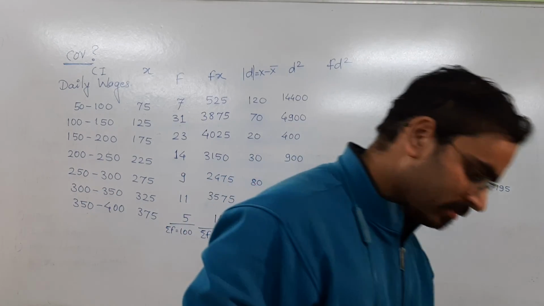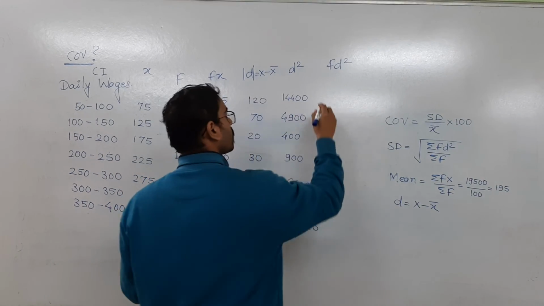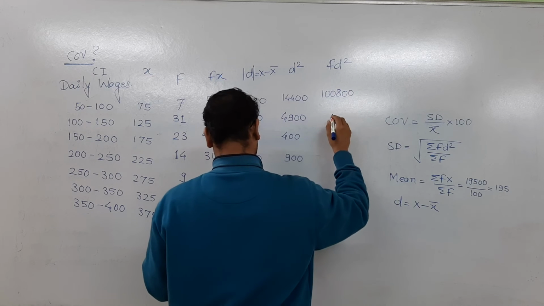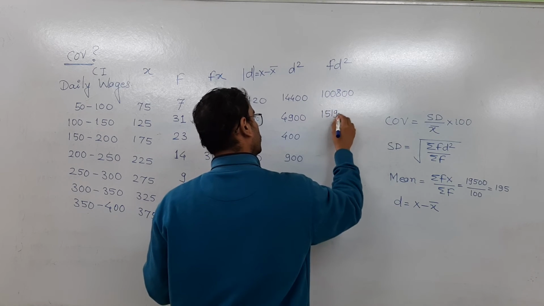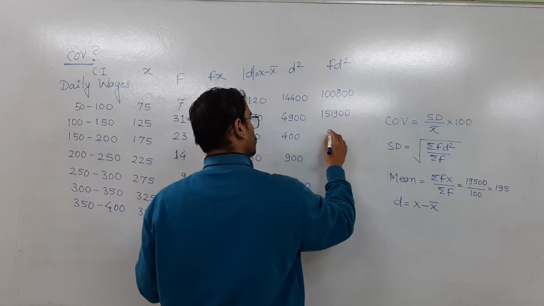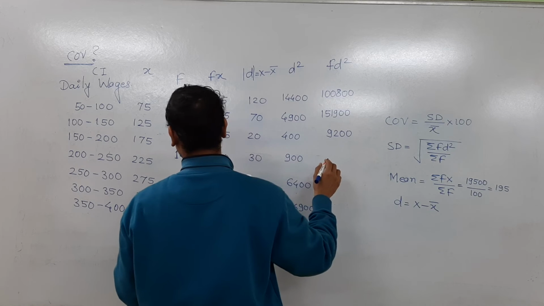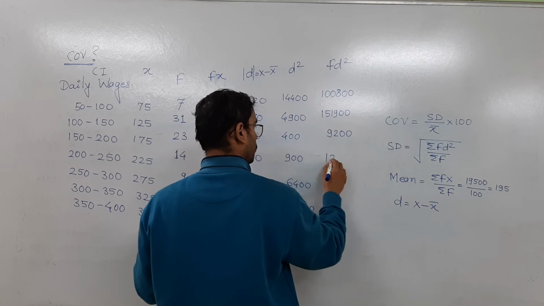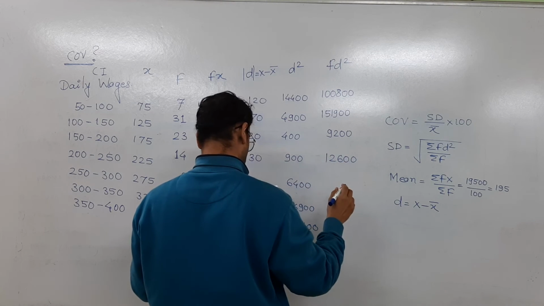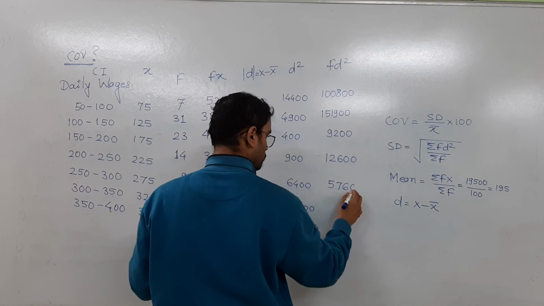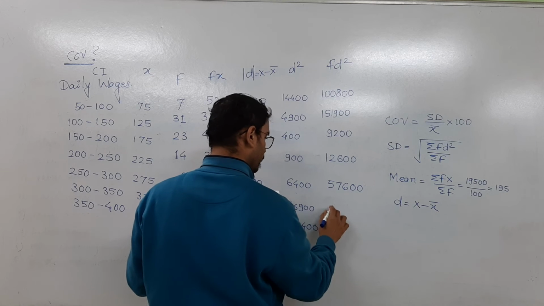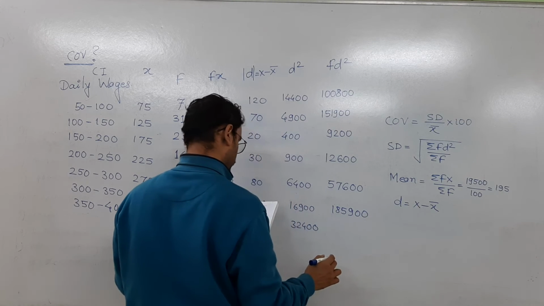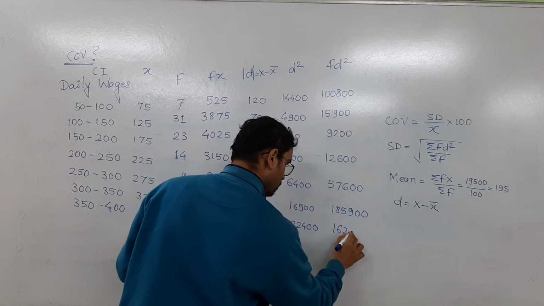I am directly writing it. 100800, 151900, 9200, after it 12600, 57600, 185900, and next is 162000.